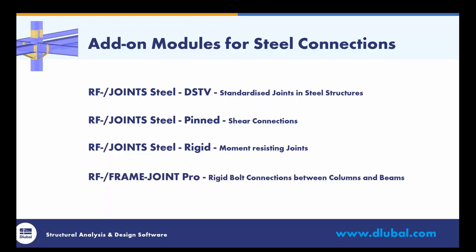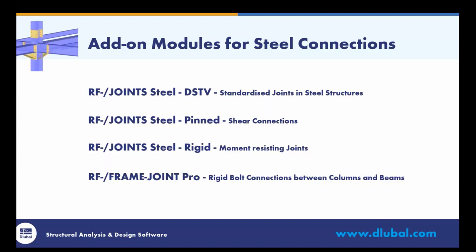Then we have the module Frame Joint Pro, which can do knee joints, T-joints, cross joints, joints with continuous columns using I-profiles. The advantage of this module is that it does a preliminary layout of the bolted connection due to the existent internal forces, which can be specified in the design later on.